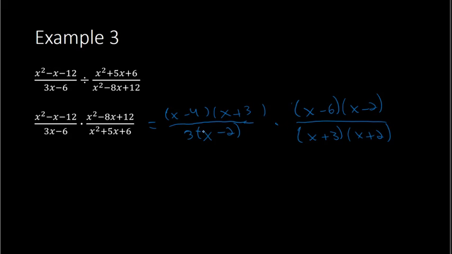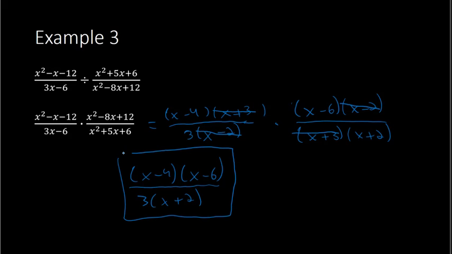So notice x minus 2 can divide with x minus 2 up here. x plus 3 can divide with x plus 3 in the bottom. And that is it. So my final answer would have x minus 4 times x minus 6 on the top, and divided by 3 times x plus 2 on the bottom. So this here would be my solution.